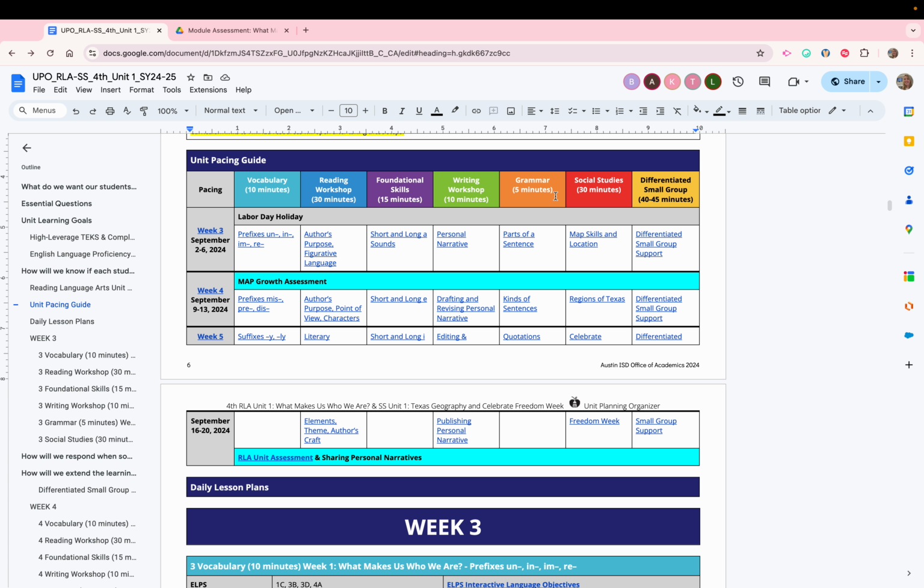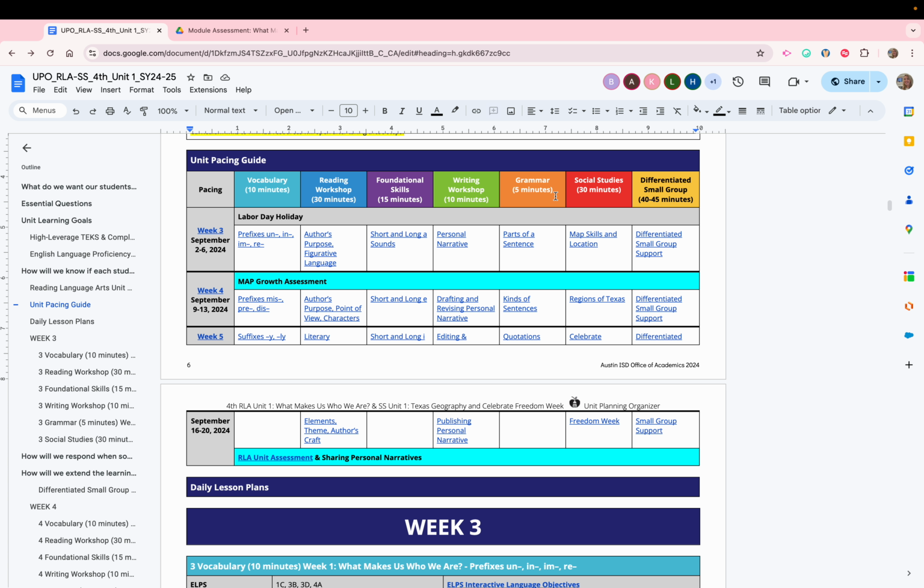I want you to remember, just like with writing workshop, grammar is a writing skill. And so we need to have time that we are talking, but then we need to have time that students are actively practicing. So 5 minutes would be the max for my direct instruction piece, and then students are applying that through practice or through a game or through an activity.